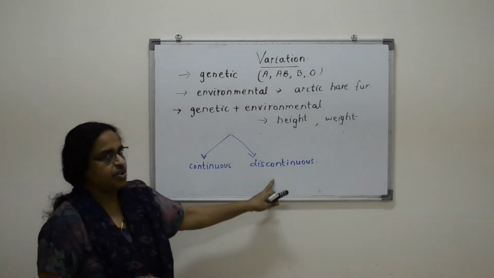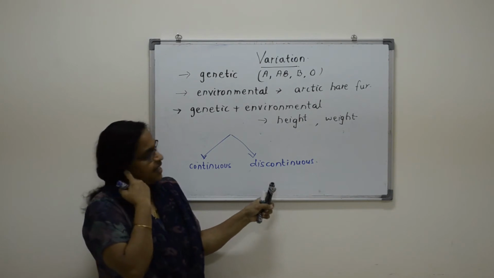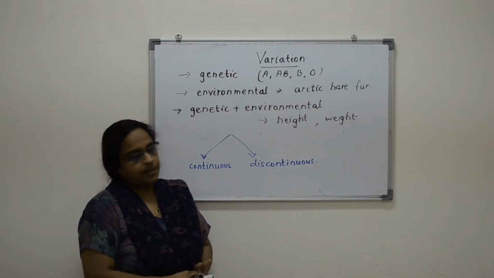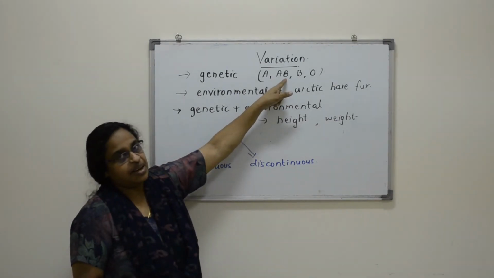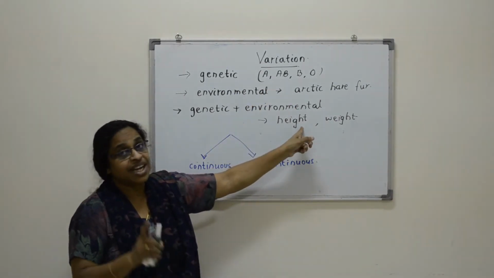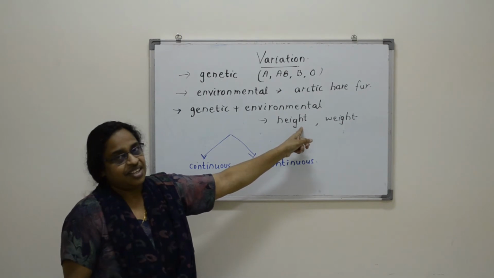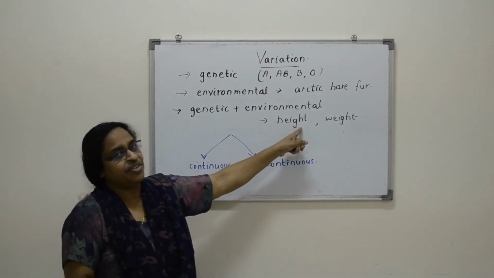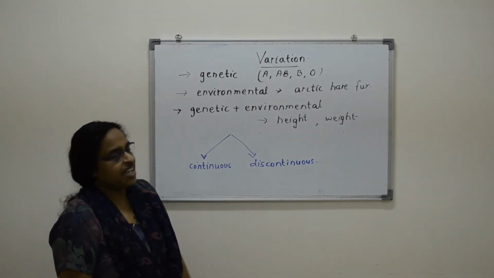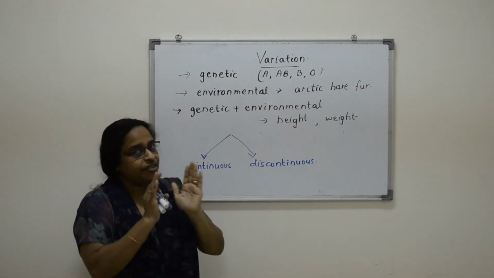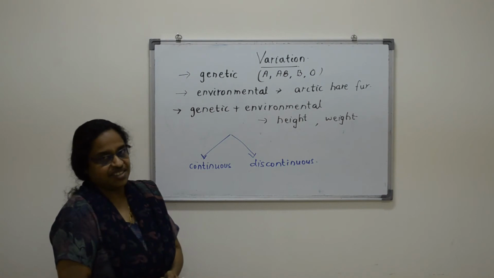discontinuous. Let us start off with discontinuous, then it will be easy for you to understand. This is an example of discontinuous variation, but this is an example of continuous variation. So can you differentiate, can you define them? Discontinuous variation means they will have only a fixed number of variations.